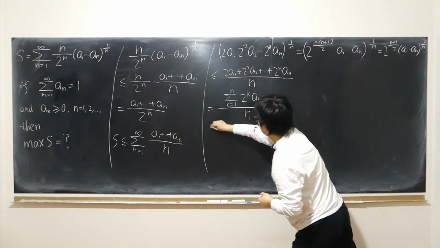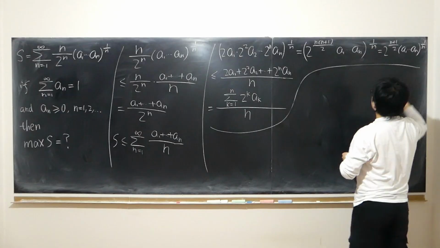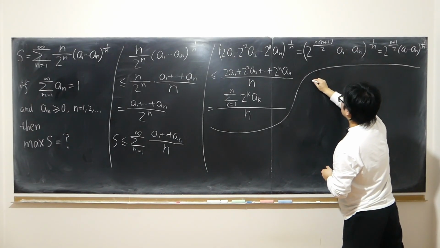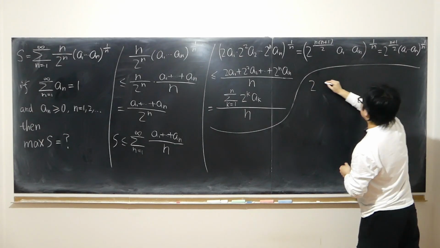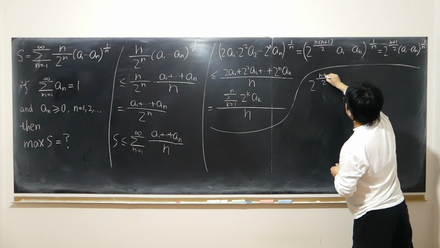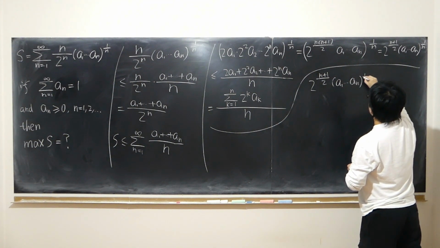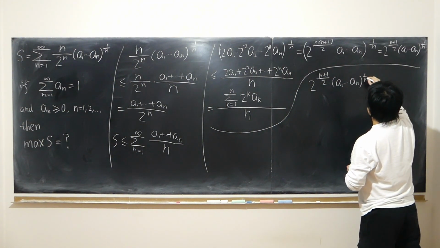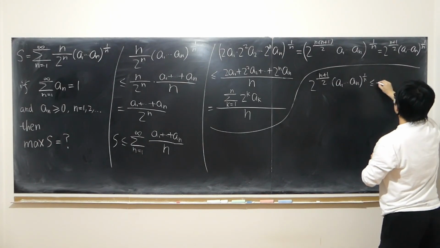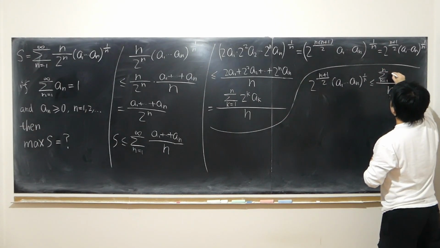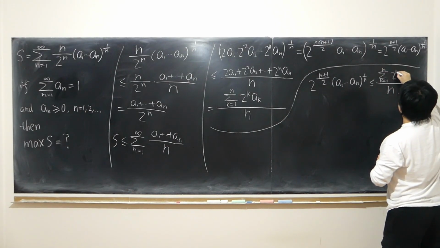Let me just write this down. Copy this down: the product all the way is less than or equal to this, the sum for k from 1 to n of 2 to the power k times ak.